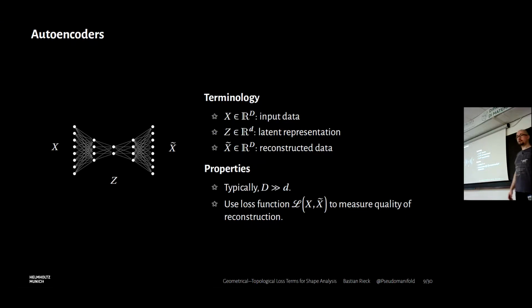And the funny thing is that typically your input data lives in a big D-dimensional space, and your reconstructed data also lives in a big D-dimensional space, and your latent representation lives in a small d-dimensional space. And typically what you want to have is the input data is much, much higher dimensional than the latent representation. And you use a loss function, L, between x and x tilde to measure the quality of the reconstruction.